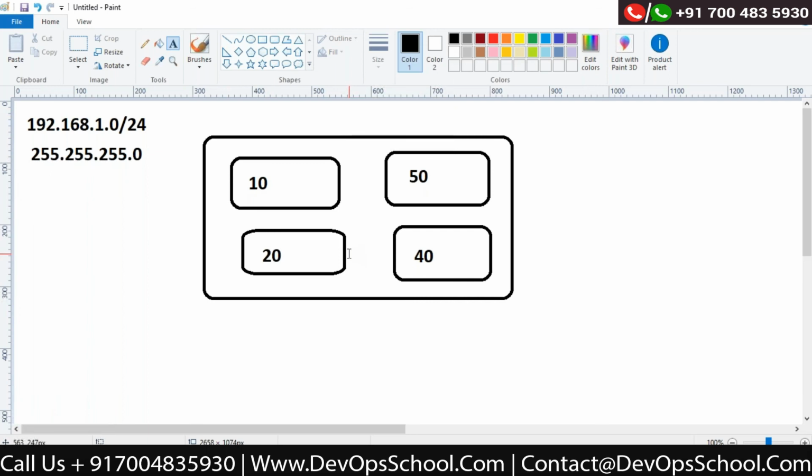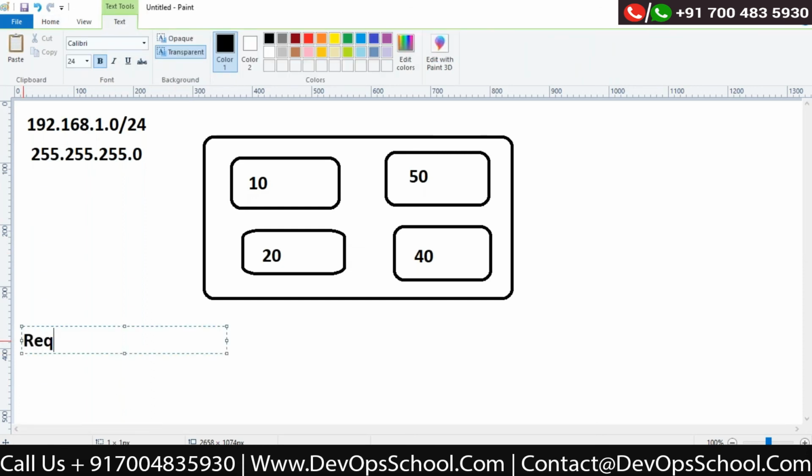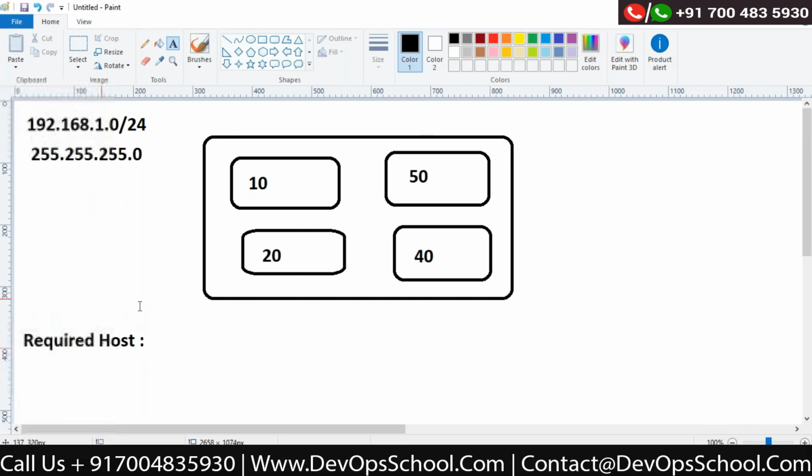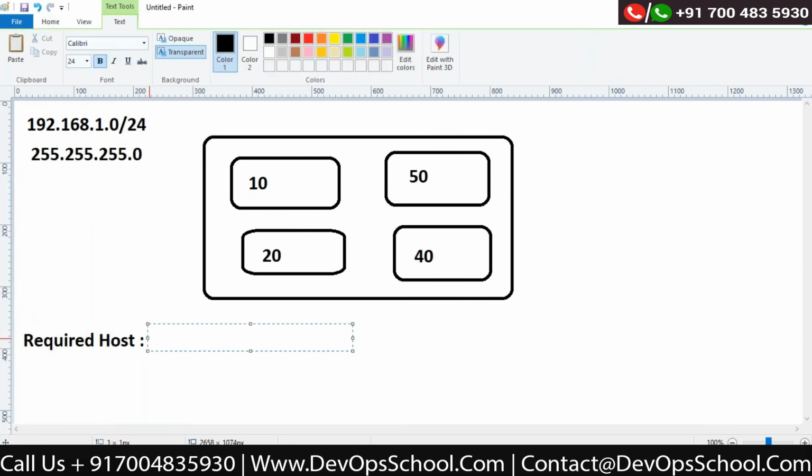Correct? Now, normally we are doing subnetting with our method. Now, what is our method? We will find out the required hosts. As per our normal subnetting method, we always try to find out the maximum number of required hosts. I said, okay, the maximum number of required hosts is 50.